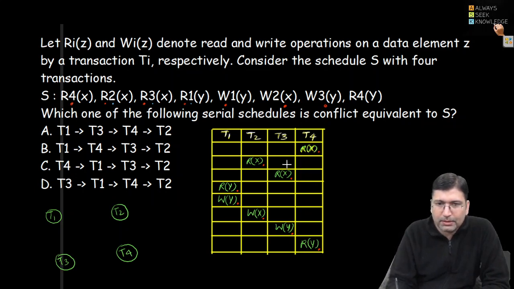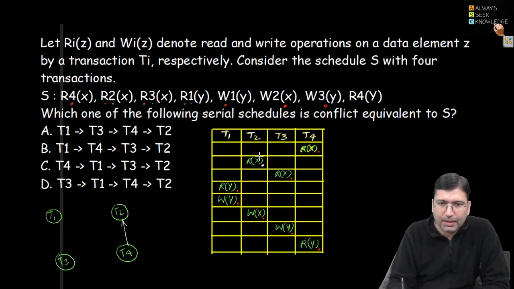T3 has only read X, so there's no conflict between T4 and T3 in terms of X. Then T2 is performing write X, so there's a conflict between read X and write X. So we draw an arrow from T4 to T2, like this. Now check T1. T1 doesn't perform any operation on X. So that's it.